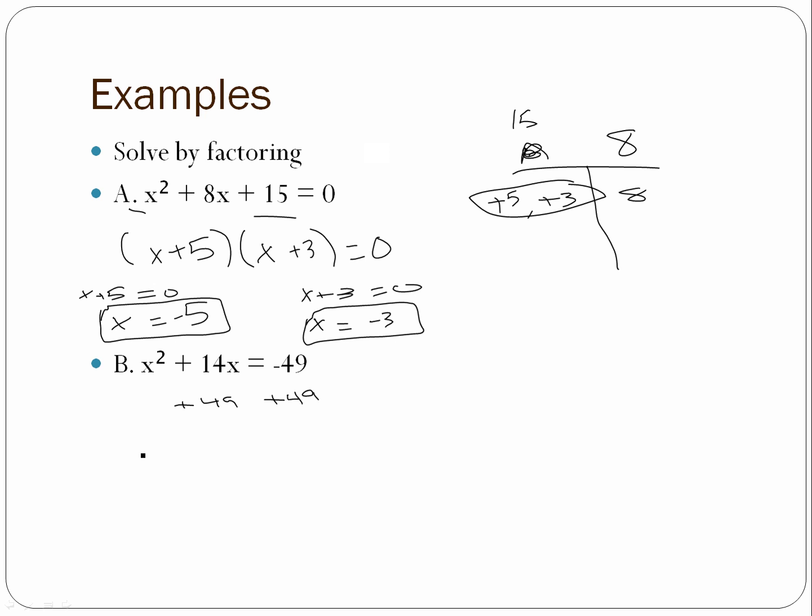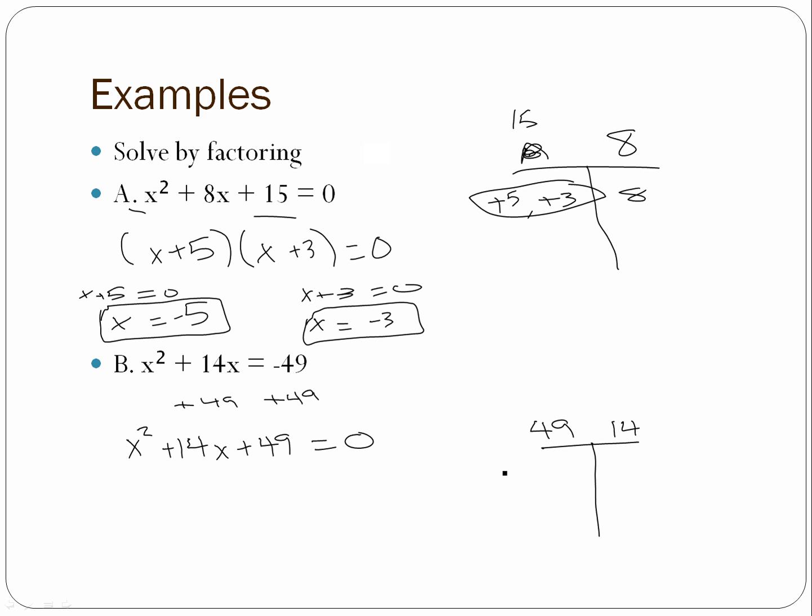So adding 49 to both sides, we will have x squared plus 14x plus 49, and I want to write it out like this because I'm now going to factor, equals, and on the right side, most important part, 0. So factoring here, factors of AC, we're going to have factors that multiply to 1 times 49 is 49, but also add up to 14.